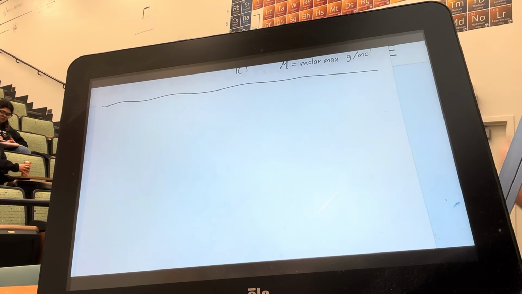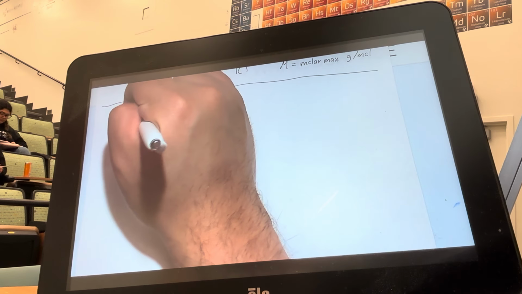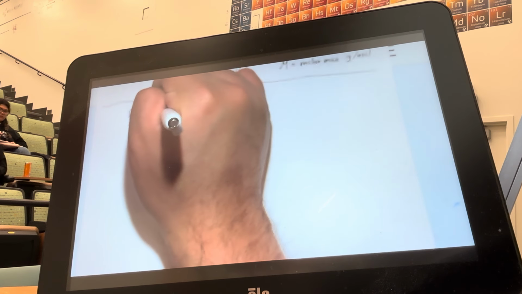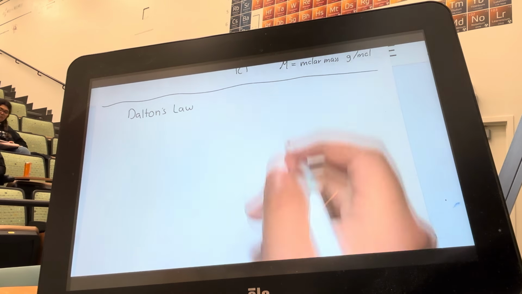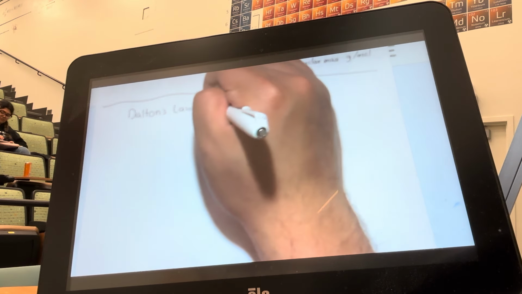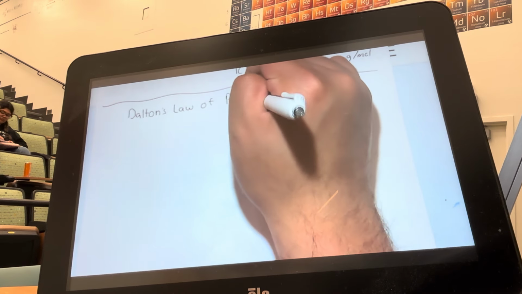All right, so now that we understand the ideal gas law, we can use it to describe multiple gases in a mixture. And this is actually where John Dalton derived Dalton's law, specifically called Dalton's law of partial pressures.